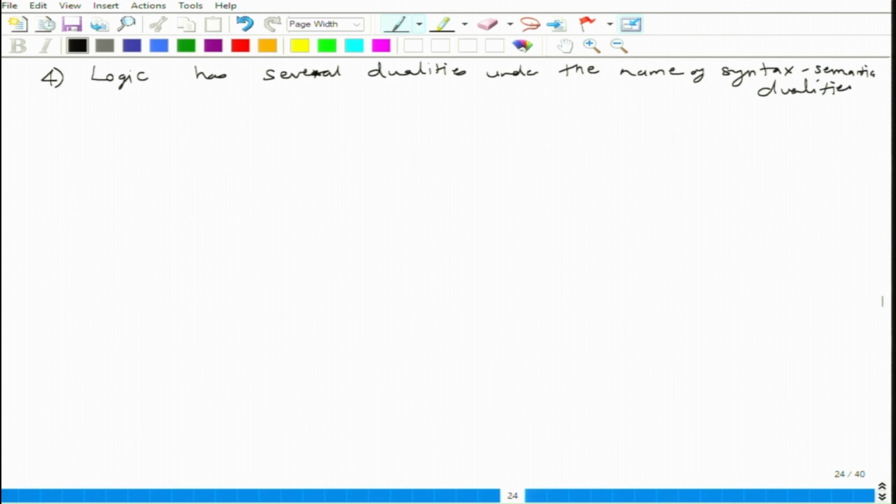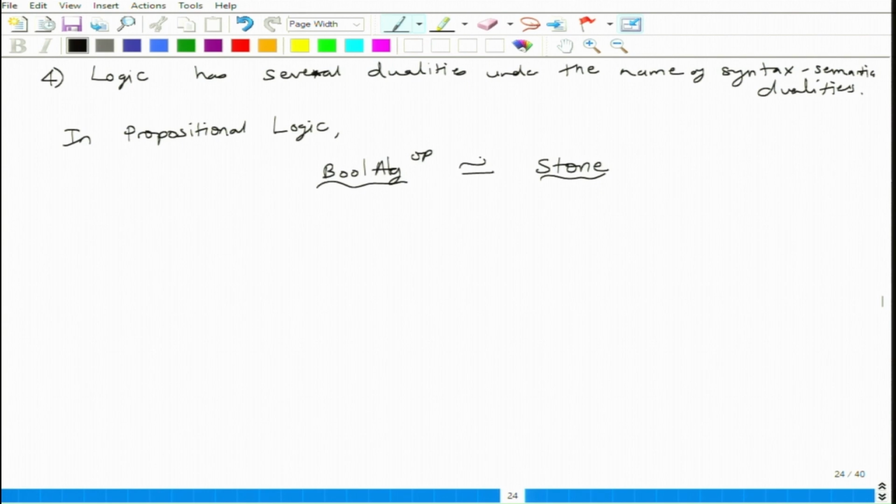And sometimes you don't even imagine that there is syntax and semantics coming in, but in propositional logic, for example, the syntax part is given by the category of Boolean algebras and Boolean algebra homomorphisms between them, and the semantics part is given by the so-called Stone spaces, and these two categories are equivalent, like one category is op equivalent to the other.